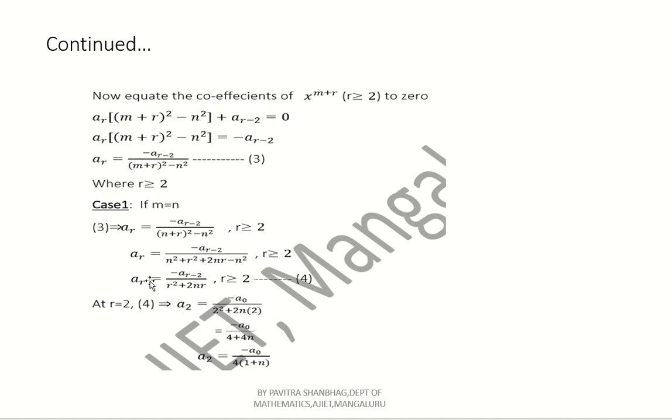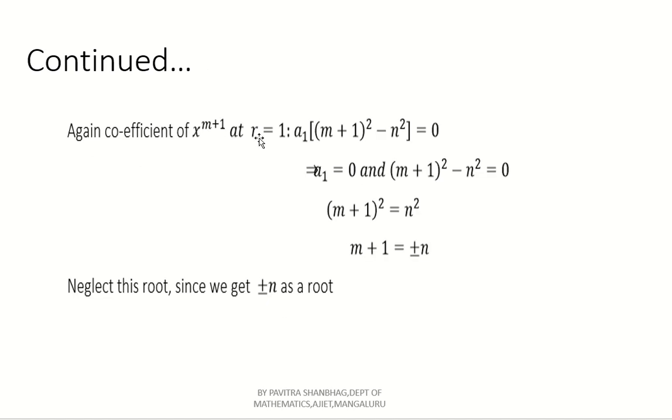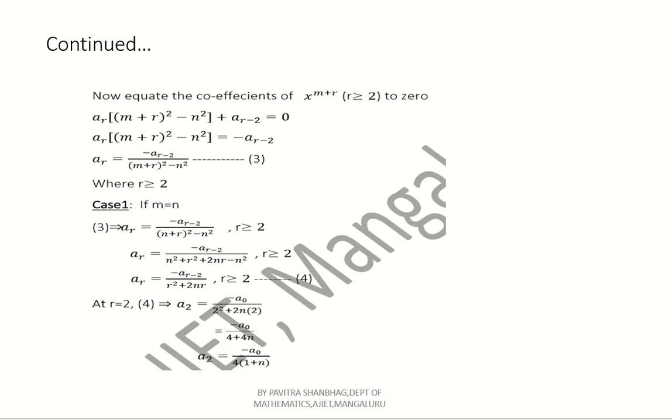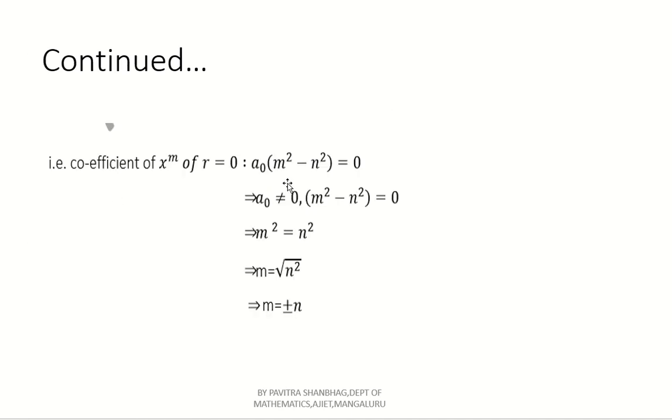Now put r equal to 2 in this. Why are we taking r from 2 only? Because we have already taken a naught not equal to 0 for the first case, and a1 equal to 0 for the next case.